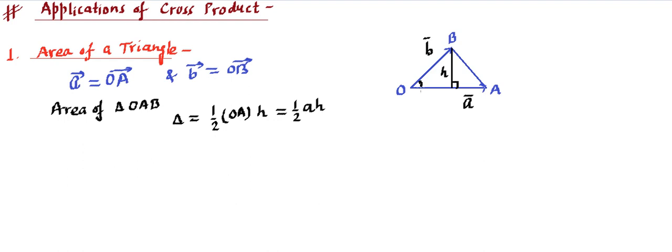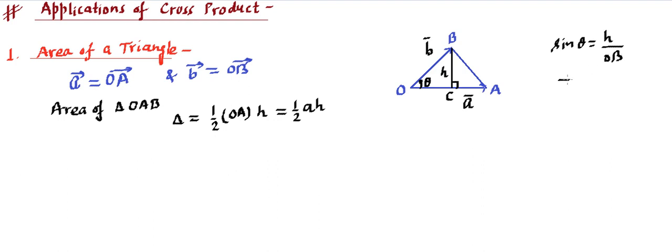Now let's say this angle is theta, the angle between vectors A and B. Let's say the foot of the perpendicular is any point C. Now if we use sine theta in the right angle triangle OCB, sine theta is the perpendicular divided by the hypotenuse, which is OB.